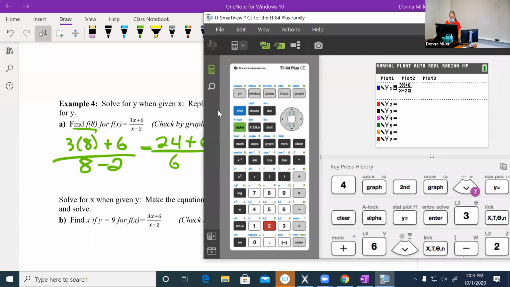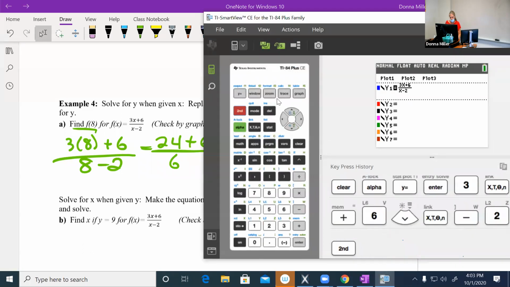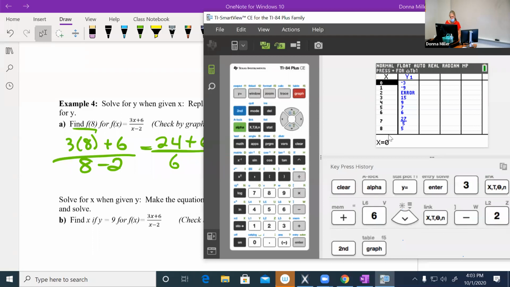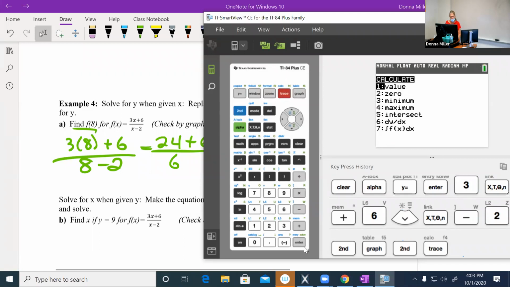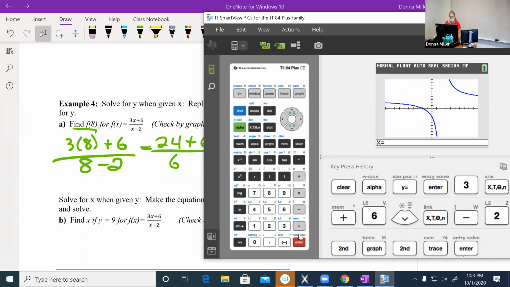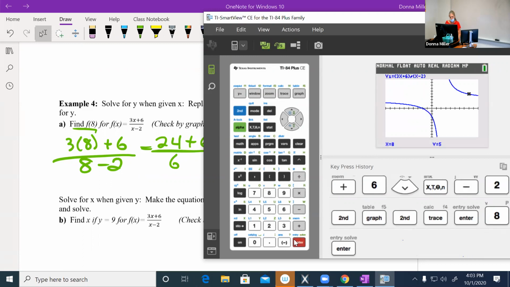I can go to the table and look for f of 8. F of 8 appears to be 5, which is what I got right from the table. I can also do second, trace, and let's say x of 8. And guess what I get?